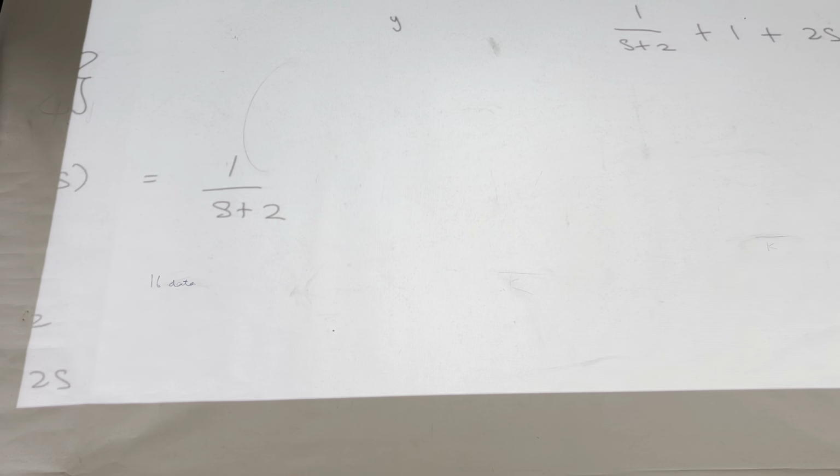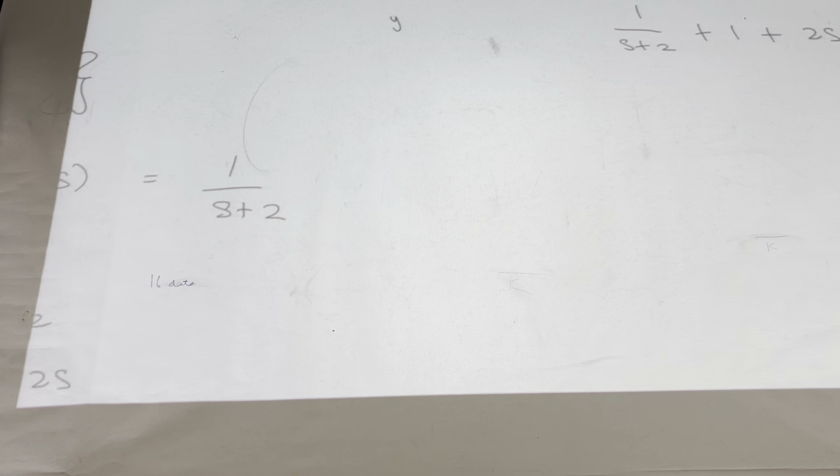Okay. So yang ni 1 over 1, yang ni 2s over 1. So you multiply with s plus 2 over s plus 2. Kita buat ini sahaja. So 1 over 1, so multiply s plus 2 over s plus 2. And then tadi plus 2s kan.